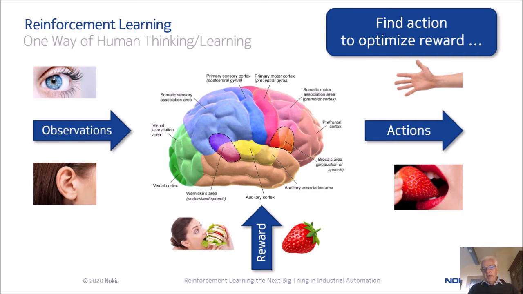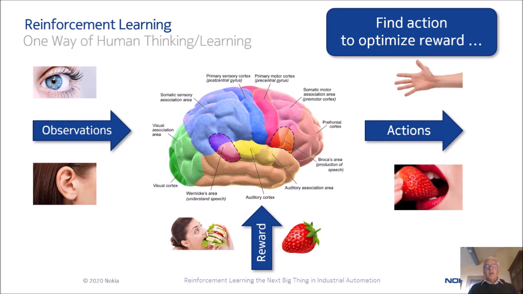We also have an idea what's not beneficial for us, and we take those different inputs, so observations and reward information together, and we are deriving actions from this. And finally, our brain is also optimized for optimizing rewards for us. So to take the best food, to take the right food, and these are all our actions. And this is based on observations and rewards.